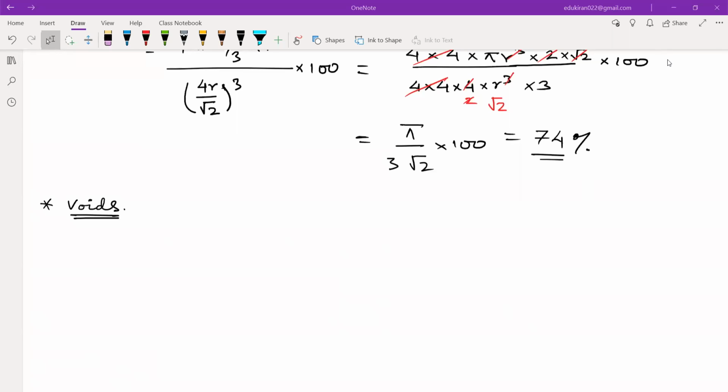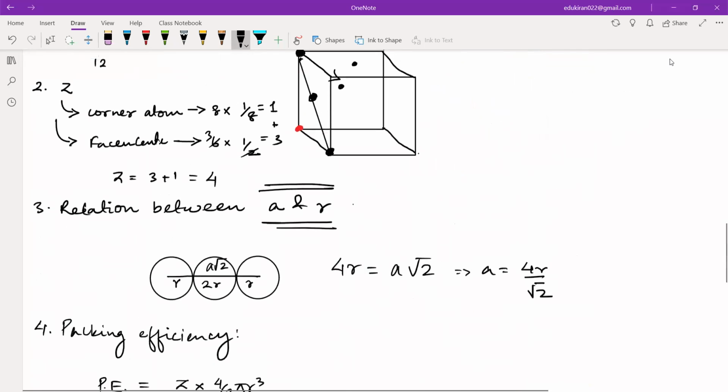So voids, we have tetrahedral voids and octahedral voids. The number of tetrahedral voids will be equal to 2n, where n is the number of atoms. As we know, the number of atoms in a unit cell is equal to 4 in this case, right?